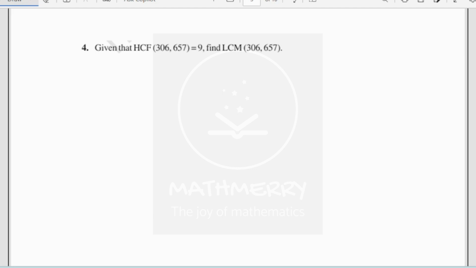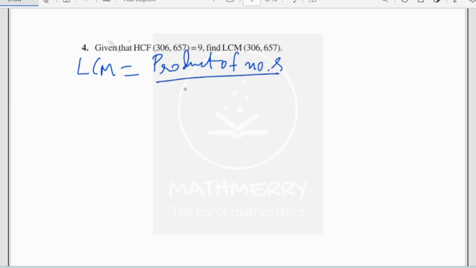Here in this case HCF is given, so we can find out LCM. What is the formula? The formula is LCM is equal to the product of the numbers divided by HCF.